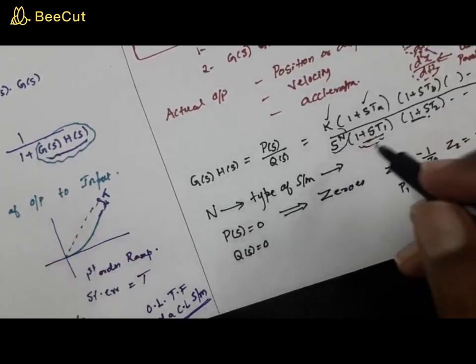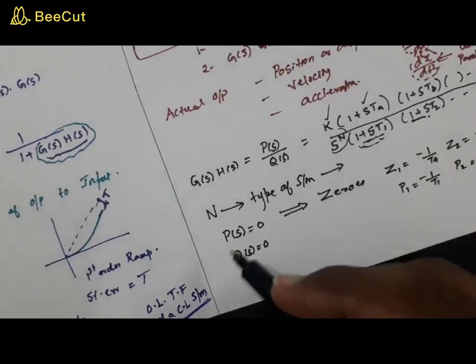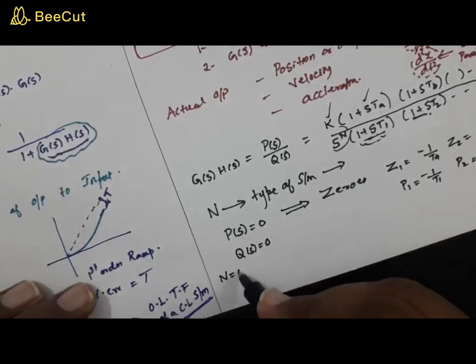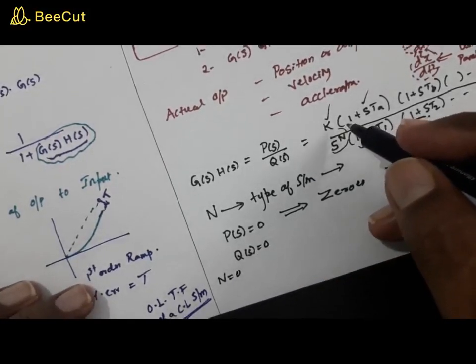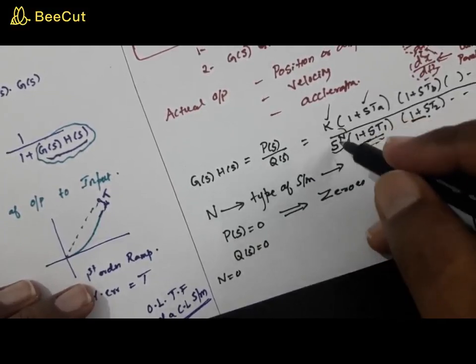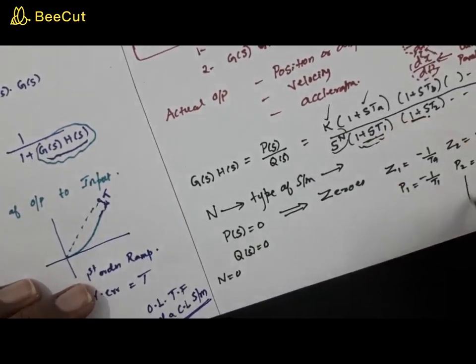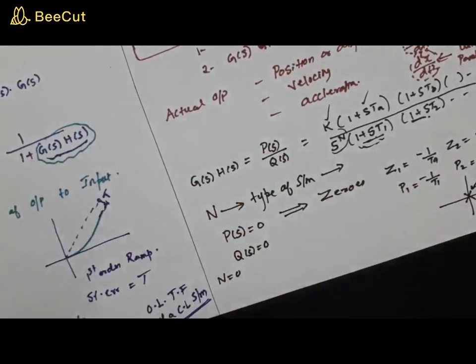Now, what about this s raised to n? When n is equal to 0, s raised to 0 becomes 1. What does this denote? This also represents a pole at the origin.